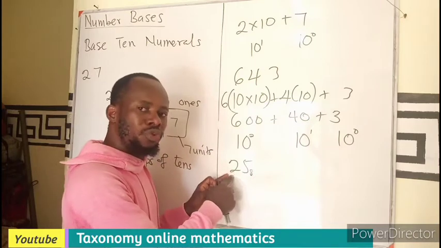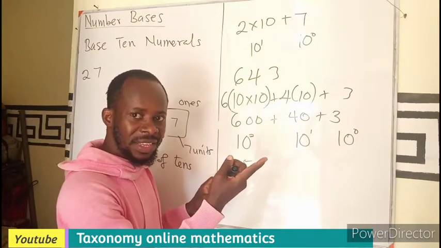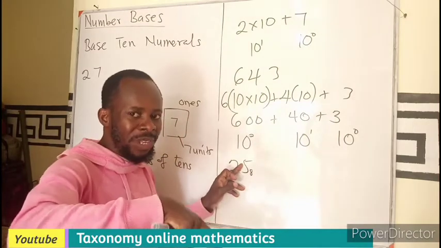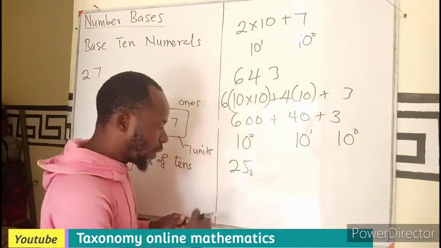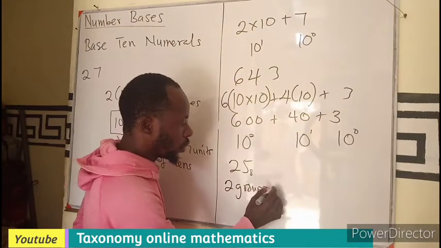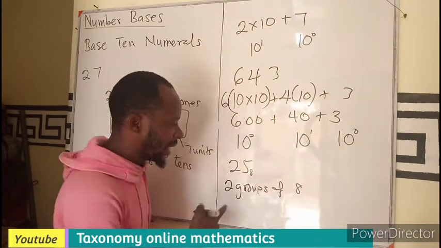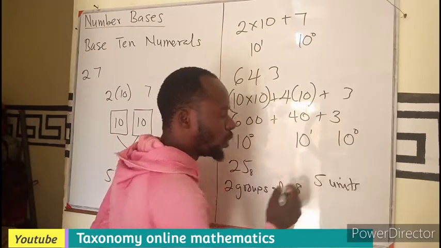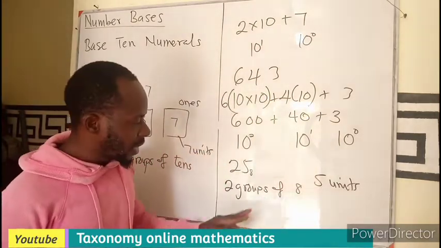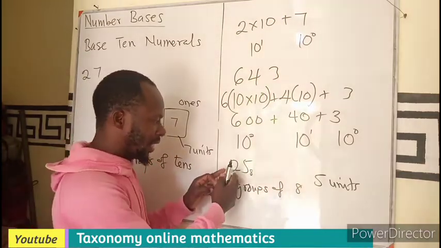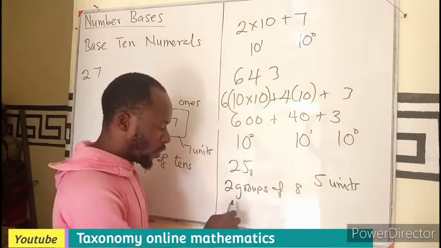This is going to be 2 groups of 8. That is going to be 5 units. Still in base 8. So I'll be having 2 groups of 8. Then this is going to be 5 what? Units, or 5 ones.